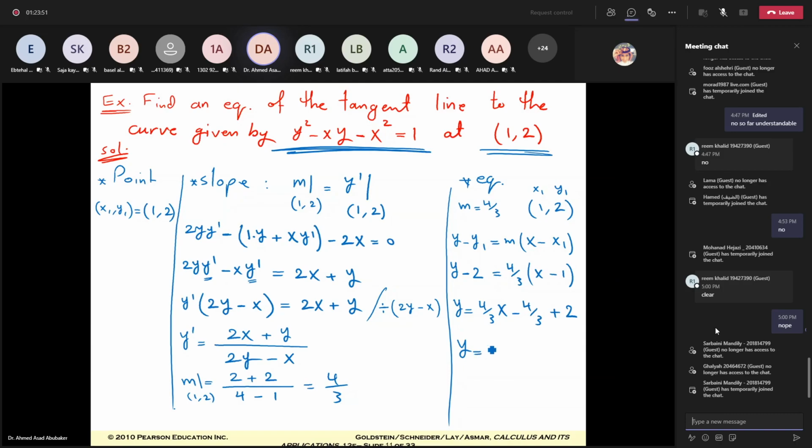So this is minus 4 over 3 plus 6 over 3, so we have 2 over 3. This is the tangent line.